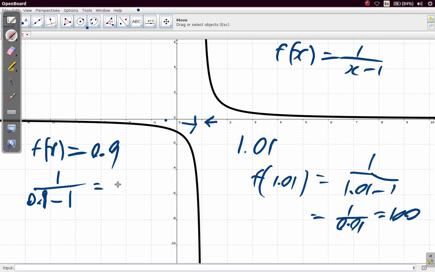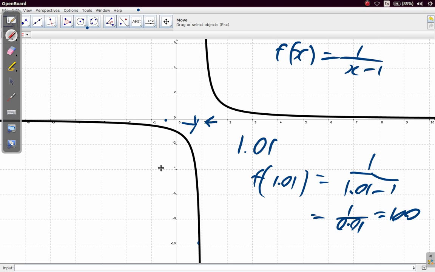This is going to be 1 over negative 0.1, which is negative 10. So just about here, at 0.9, you're looking at negative 10 for f of x. And if you consider getting even closer from the left, you're going towards f of x this way. Let's get very, very close to 1.